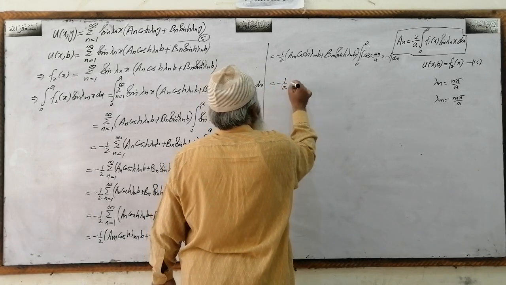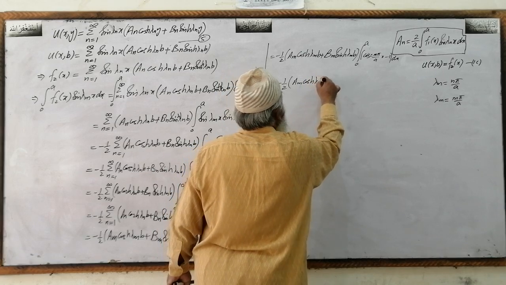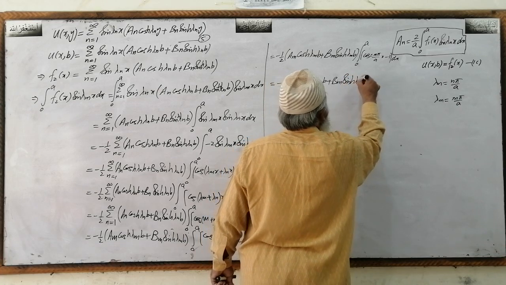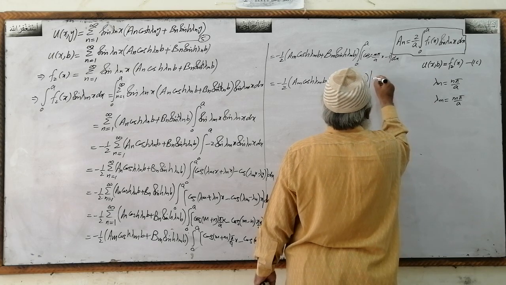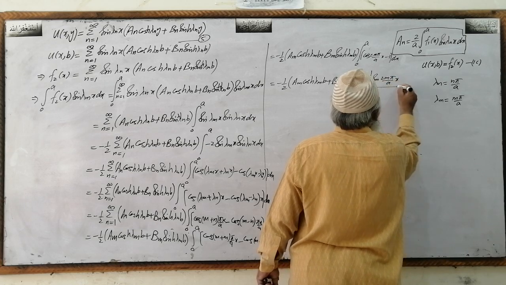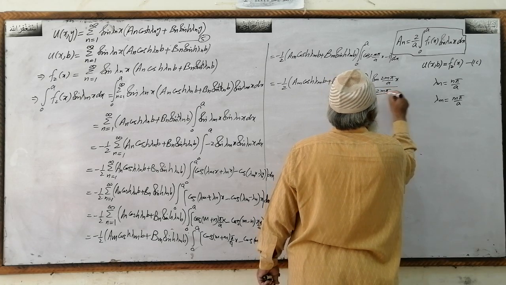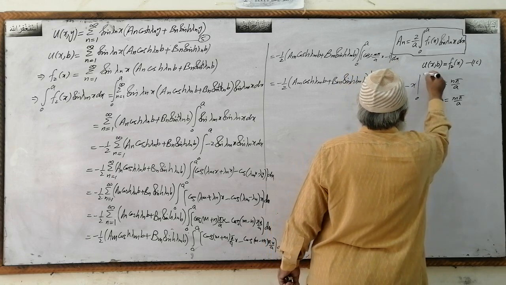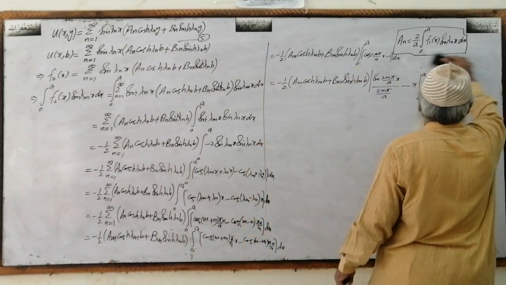Now integrating, first of all, minus 1 by 2 a m cos hyperbolic lambda m b plus b m sin hyperbolic lambda m b, and when we integrate this, this will become sin 2m pi over a x divided by the derivative of the angle, which is 2m pi over a, and minus 1's integration is x, and obviously you have to apply the limits of integration.